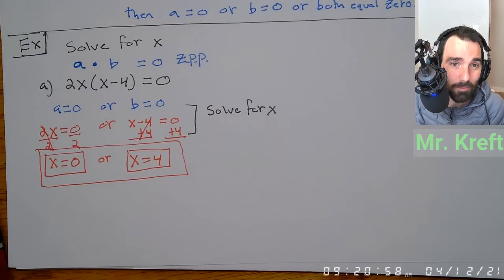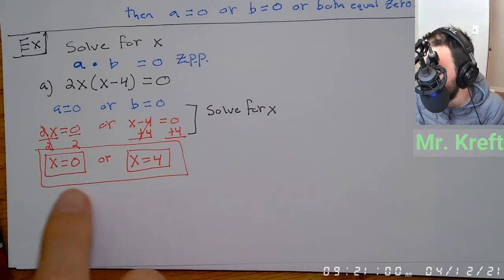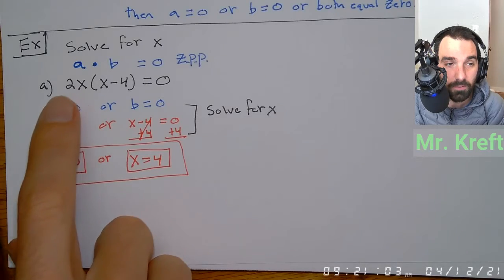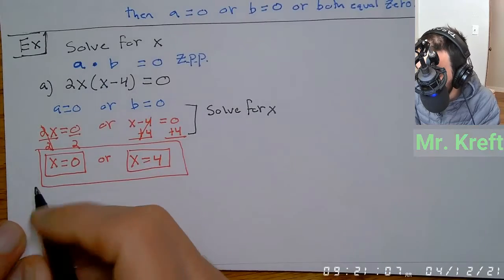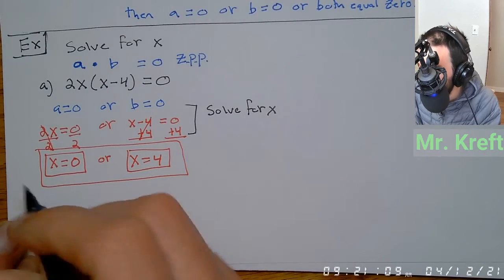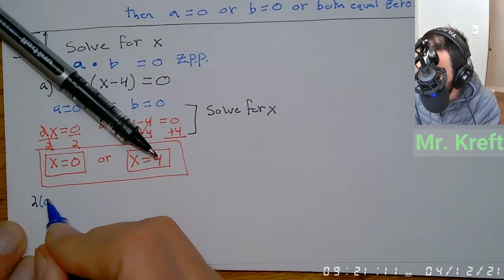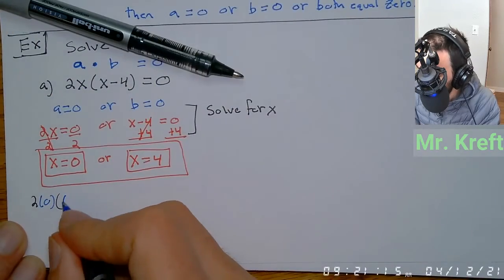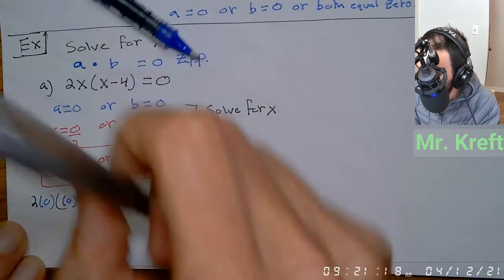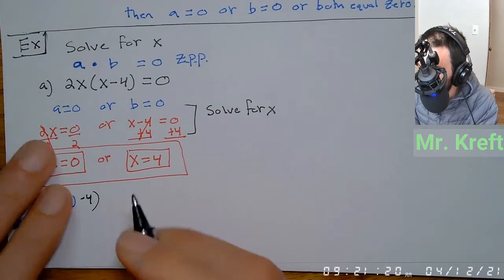And we can double check this if you're ever wondering, hey, are these answers correct? So let's take a look. Here I'm just checking my work. We don't always have to do this. If I plug in 0, I get 2 times 0 times 0 minus 4.